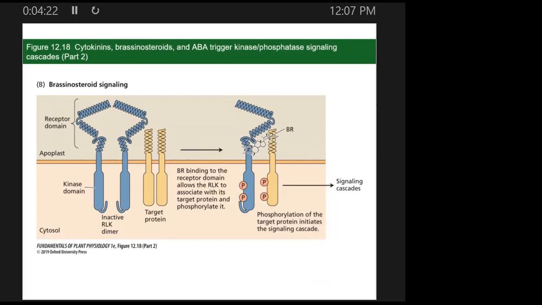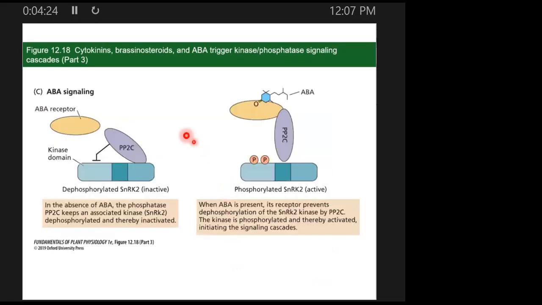So phosphate transfer. Here on the left is the absence of abscisic acid, and you can see what they're trying to show by this arrow with the perpendicular slash there. It's saying that is not happening, and so they're just saying this protein is inactive. On the right, you see what happens when abscisic acid comes in and binds to the receptor.